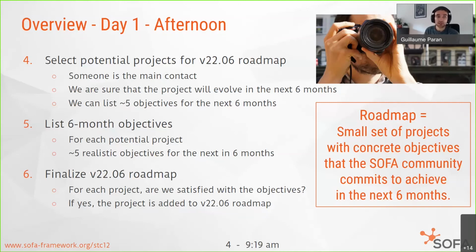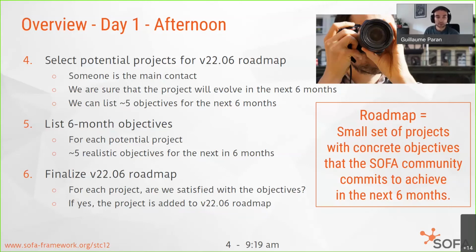After selecting the potential projects for the 22.6 roadmap, we will split in breakout rooms to really go into details on each potential project and to try to define around 5 objectives for the next 6 months.